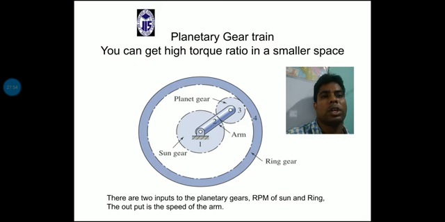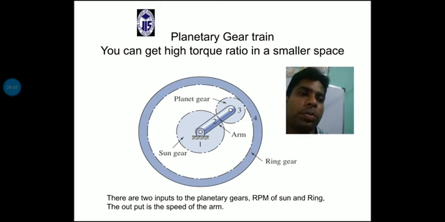These two gears are inside one big gear, which is called the ring gear. The ring gear rotates in the clockwise direction. So obviously the planet gear rotates in the same direction, but the sun gear will rotate in the opposite direction.